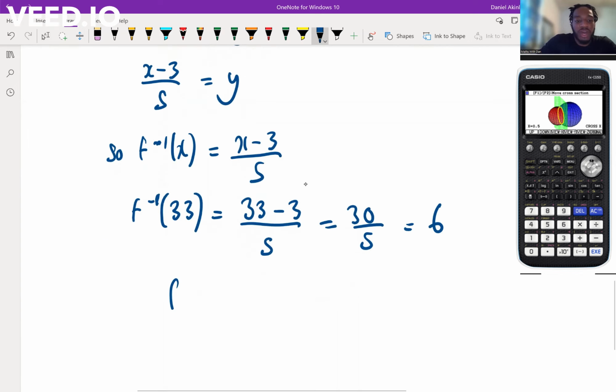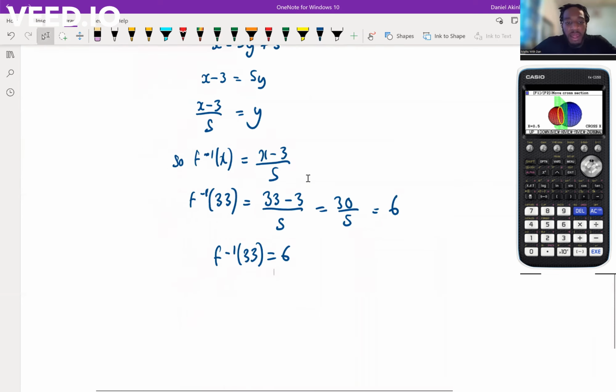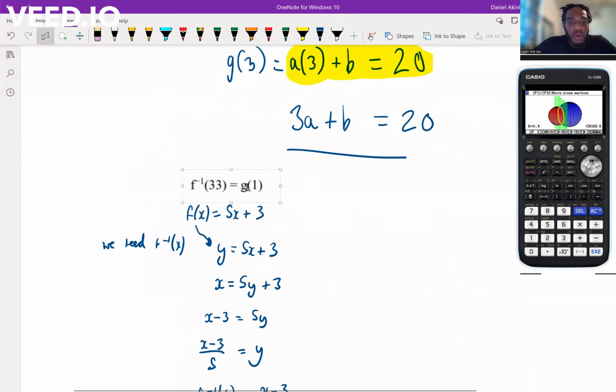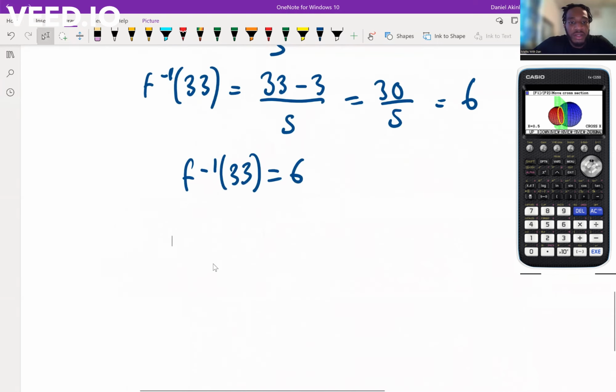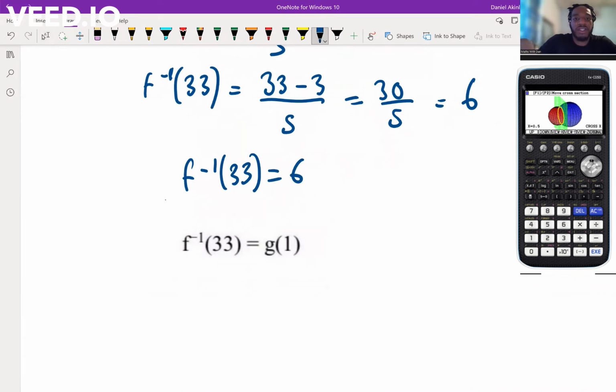So we know that f inverse of 33 is equal to 6. And remember, we know that this is actually equal to g of 1. So this translates to 6 is equal to g of 1.